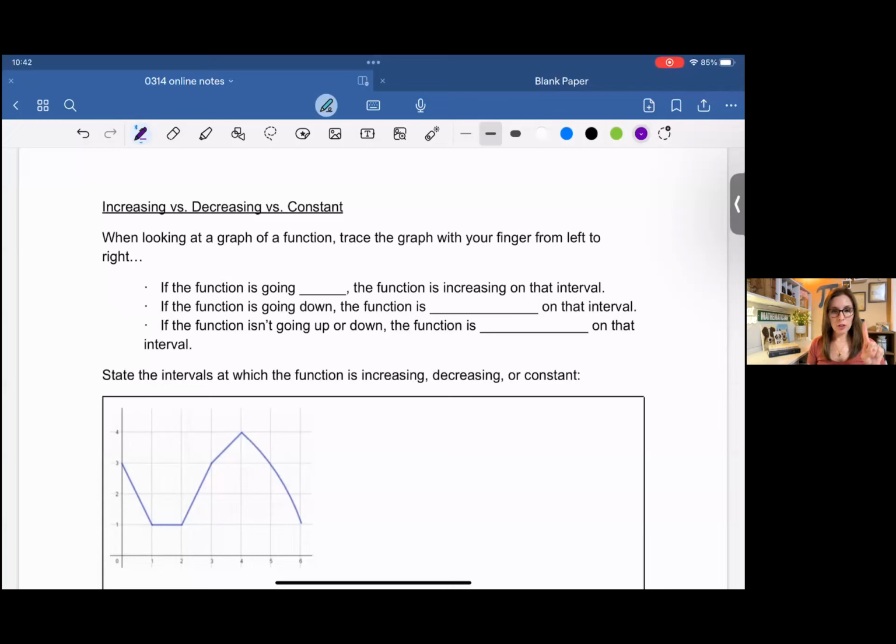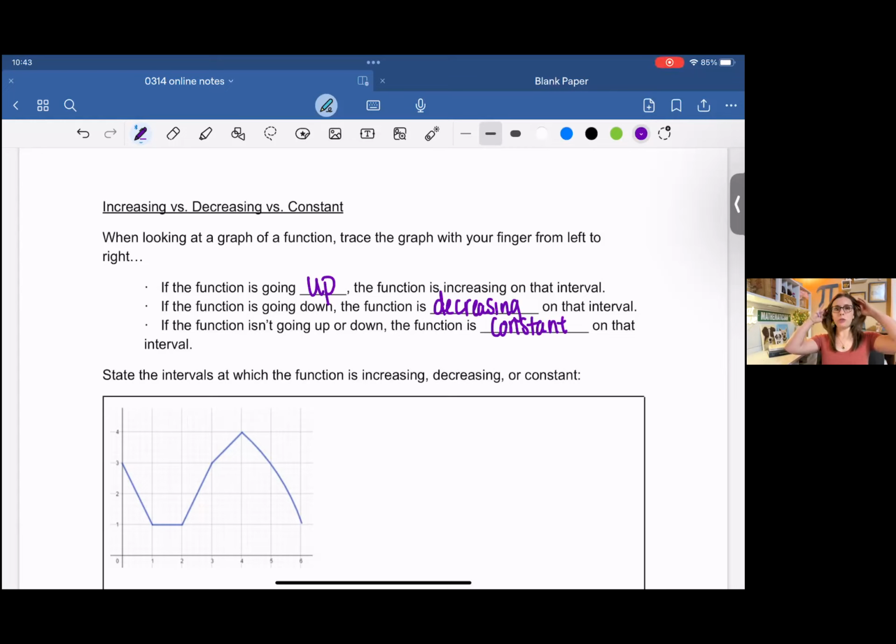If the function is going up, the function is increasing on that interval. If the function is going down, then it is decreasing. And if it isn't going up or down, we call that constant.